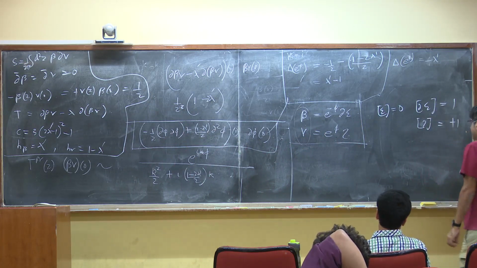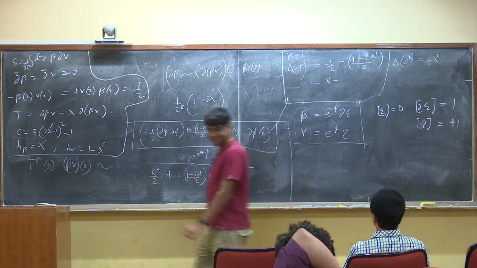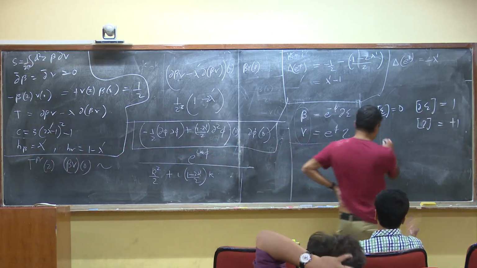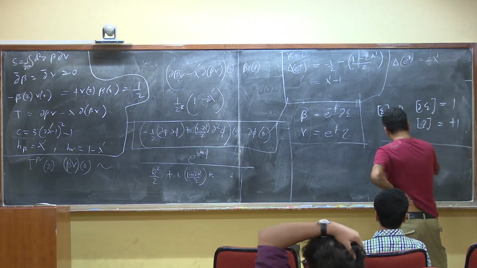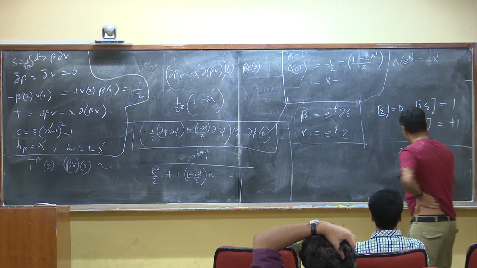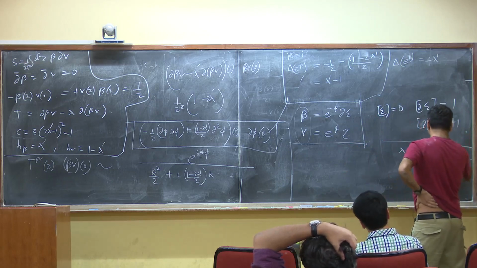Now, the standard BC system: one of them has weight lambda, and the other one has weight 1 minus lambda.